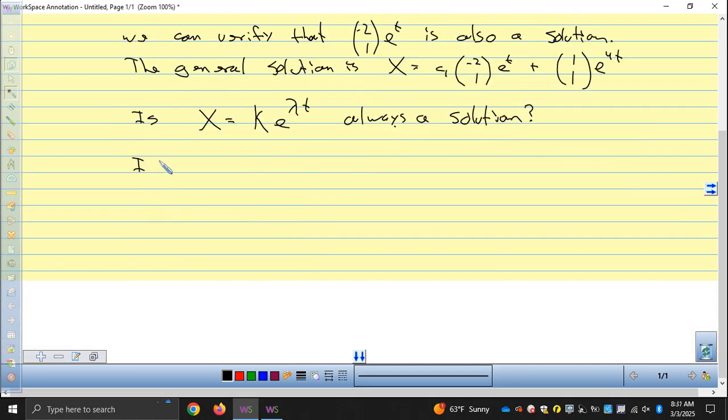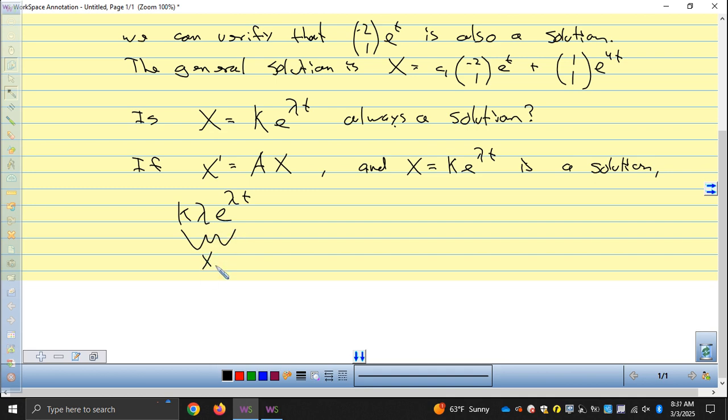So if x prime equals Ax, where A is an n by n matrix, and x equals k e to the lambda t is a solution, that tells us that k lambda e to the lambda t, that's x prime, equals A k e to the lambda t.